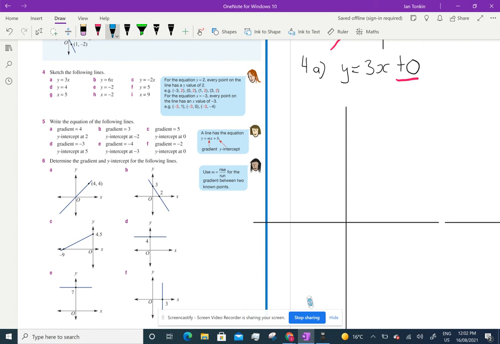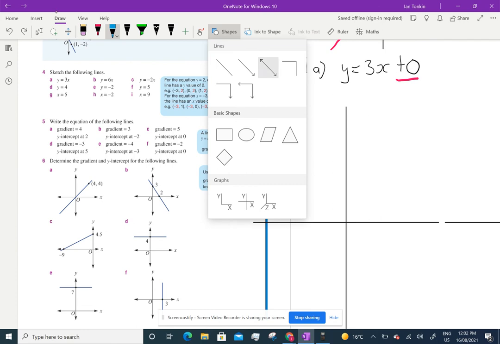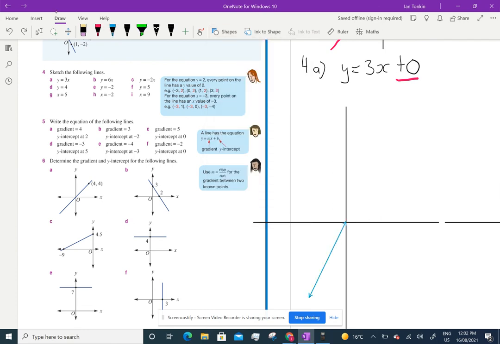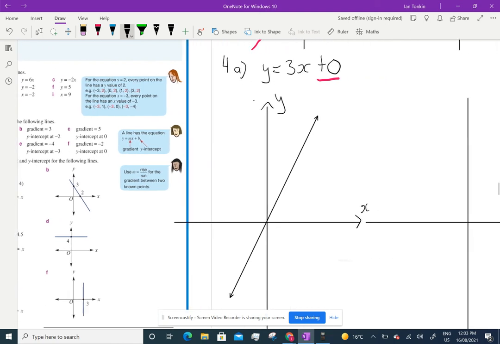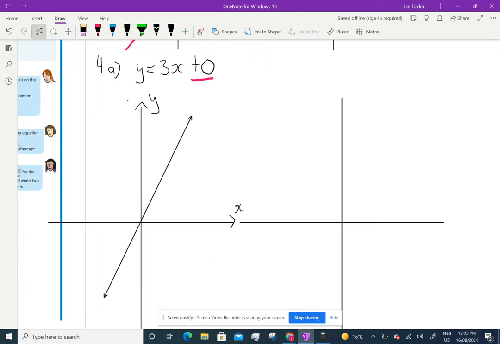Let's try that again. That'll do. Oops. Forgot to label y and x. I'm going to do C. Y equals -2x plus 0.